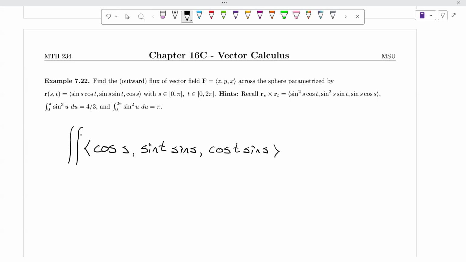I need to take the dot product of that with RS cross RT, which fortunately we're given the hint about what that's equal to.